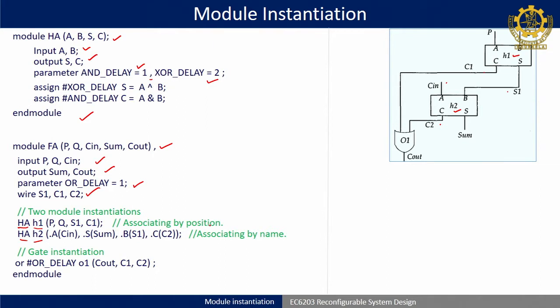Then in the first one they have written it by position. If you see, my locals are A, B, S, C, A, B, S, C. These are all local, but outside these are all actual.